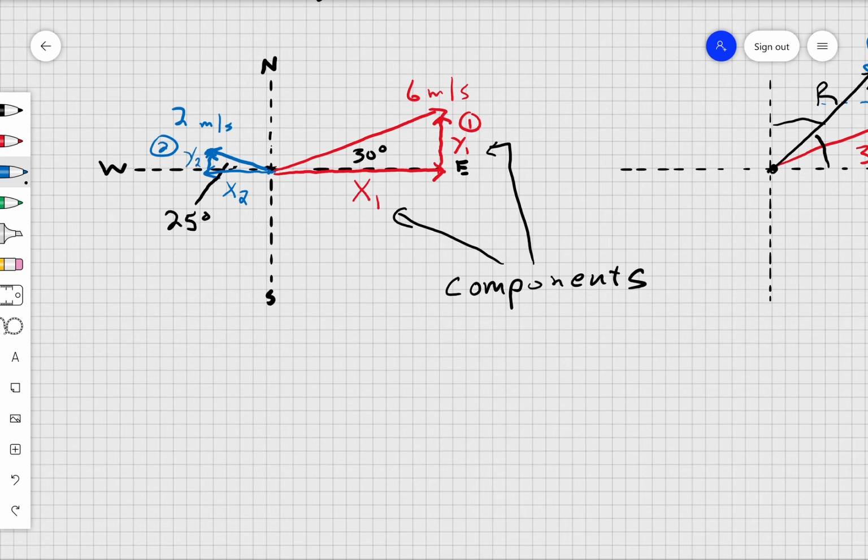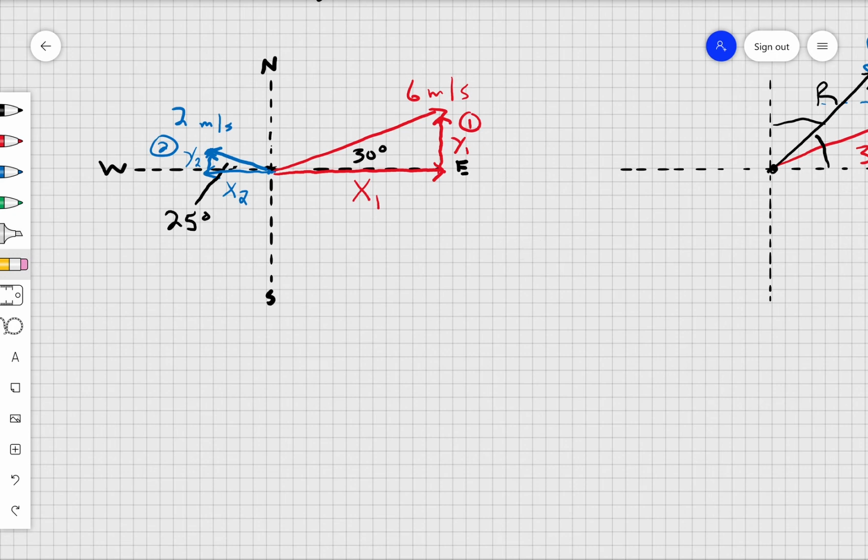That's y for vector 2. So two sides of a right triangle, and we know that the hypotenuse is 2 meters per second. So each vector has an x and a y component. All we need to do is figure out what these components are and add them. Once we add them, we will have the components of the resultant.